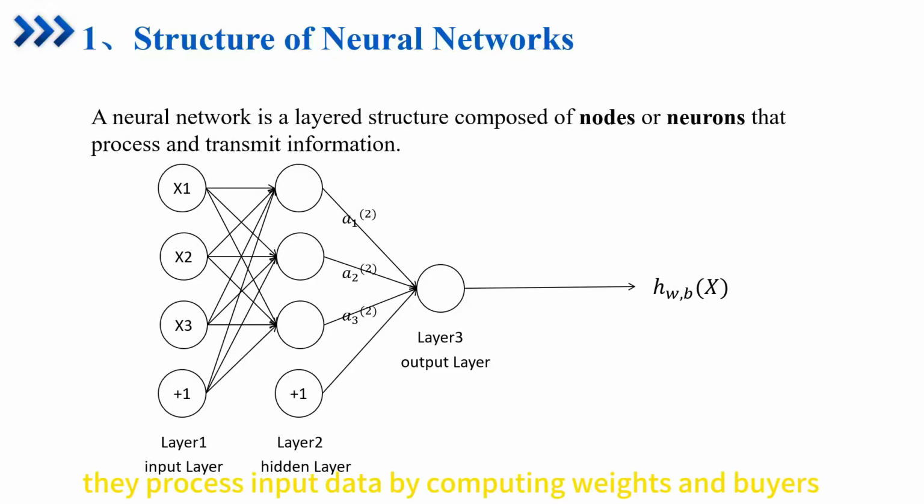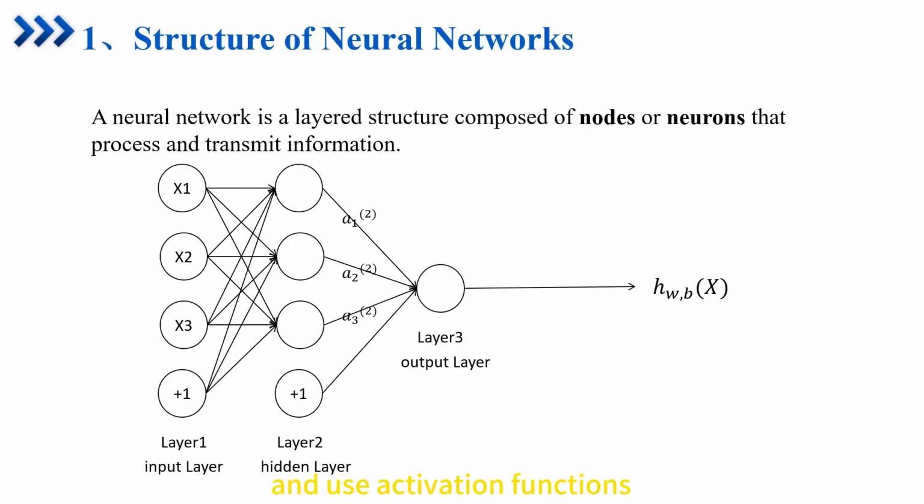They process input data by computing weights and bias and use activation functions to convert it into output signals. The output layer is the last layer of the neural network. It receives the output from the hidden layer as input and outputs the prediction and/or classification results.